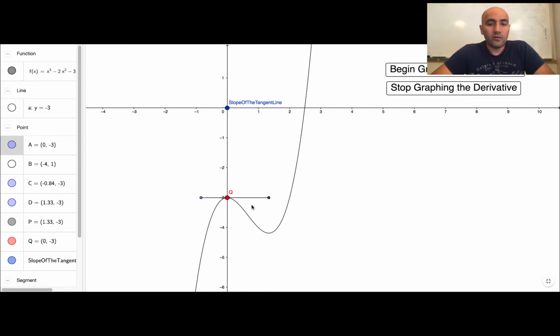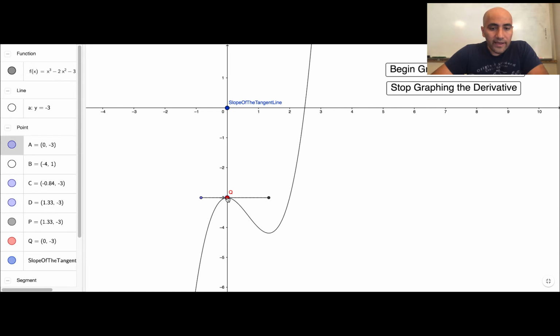And then we have a tangent line. So there's one of our answers for part A. We know we have a horizontal line at this point right here, which is the point (0, -3). When x equals 0, the tangent line is horizontal, which means the slope is 0.